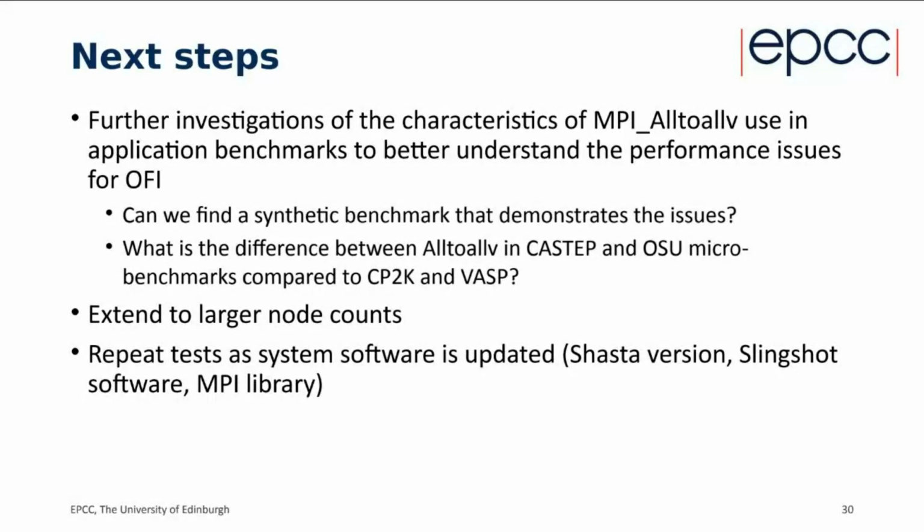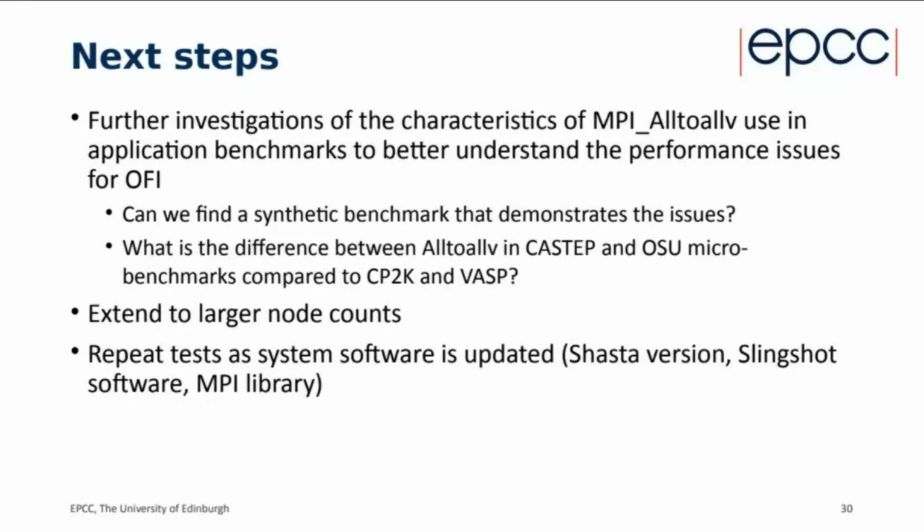So Michael's asking, when we ran the OSU Auto V benchmark, how did you vary the message size? The message size is automatically varied by the benchmark. When you run the OSU benchmarks, you get reports on the performance for a variety of message sizes. By default, I can't remember what they run between. It's something like 0 or 1 byte up to, I think, more than a megabyte.